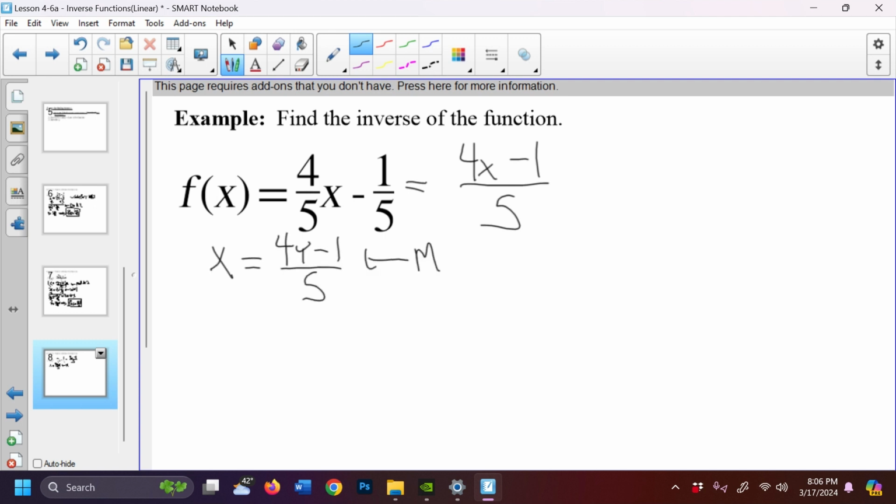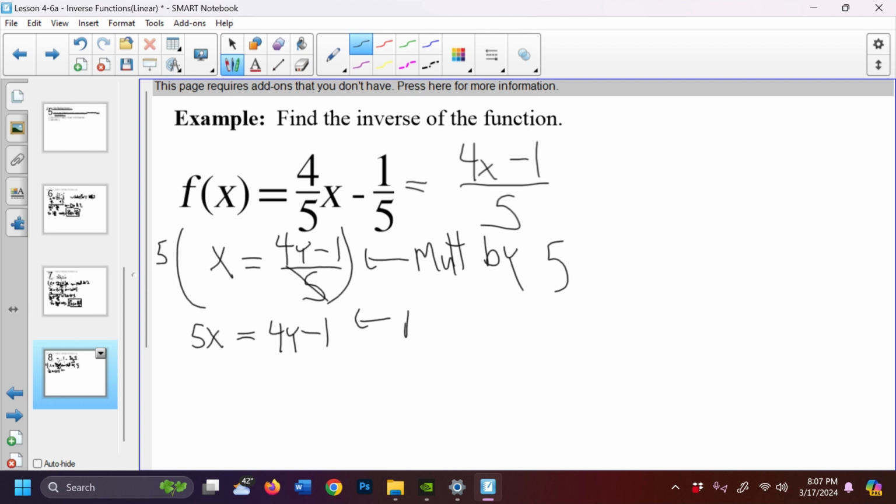Here we will multiply by 5. When I put parentheses around there and multiply by 5, the 5 cancels out there, and then 5 times x gives me 5x. Then I have 4y minus 1. Here I will add 1 to both sides. These are unlike terms, those cancel, so I have 5x plus 1 is equal to 4y.